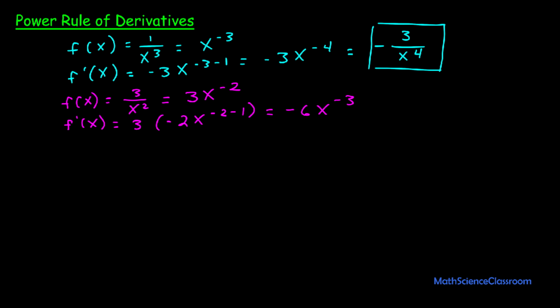To get rid of the negative exponent, equals negative 6 over x cubed. That's the final answer.